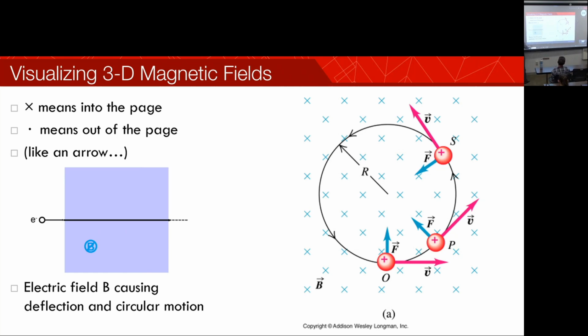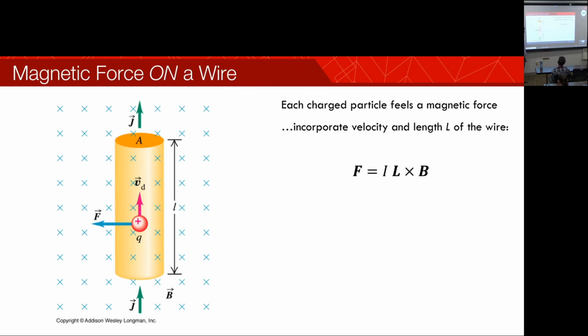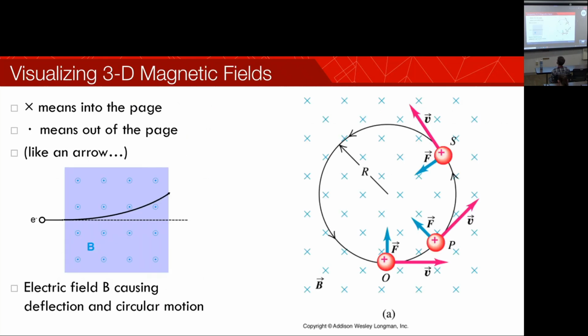And so here we essentially see our cathode ray tube shooting out electrons with no magnetic field. There we go.